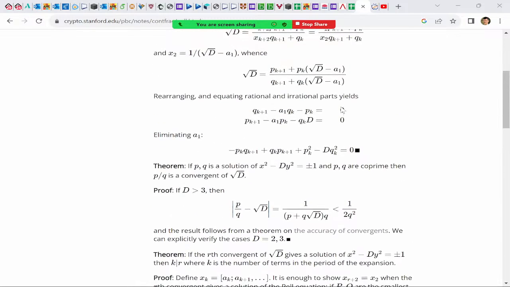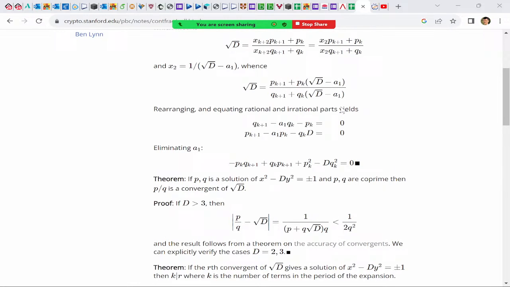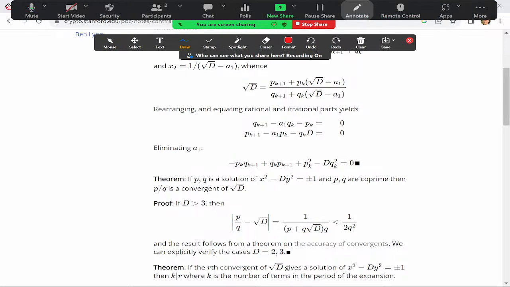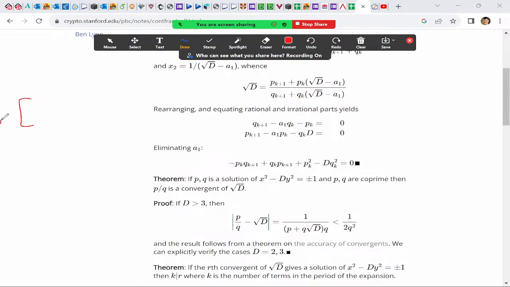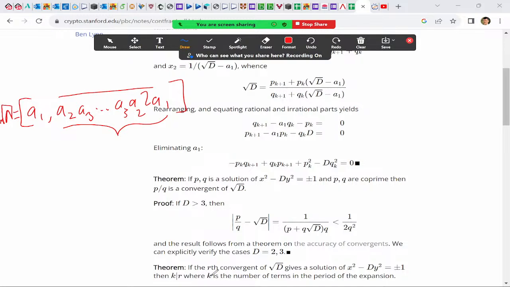So maybe I'll cover it up. The rth convergent. We have root n, and it equals a1, a2, a3. It goes all the way up and then back down a3, a2, and then 2a1. So this length here, we can call it l.